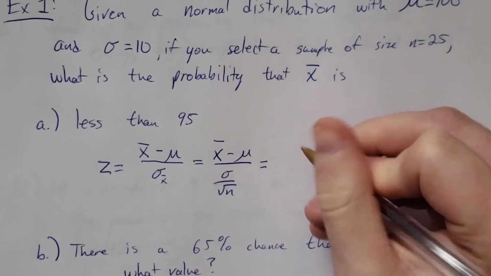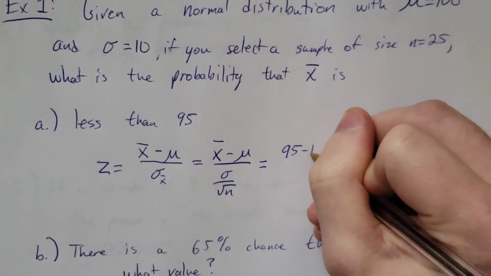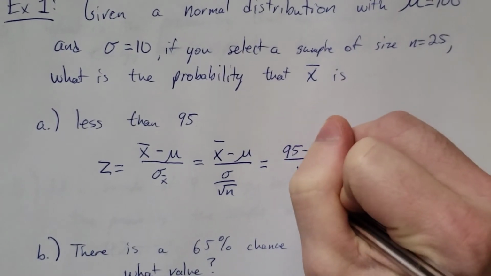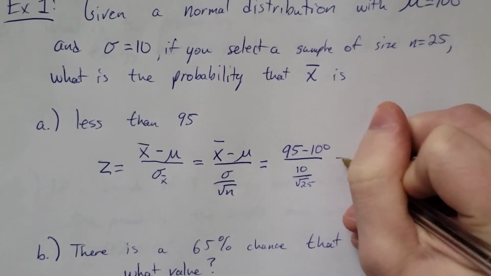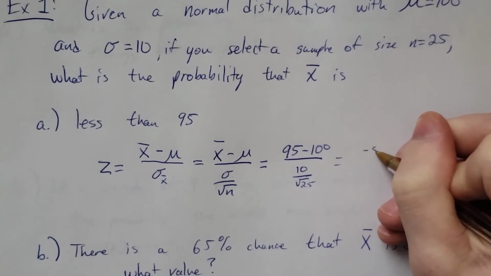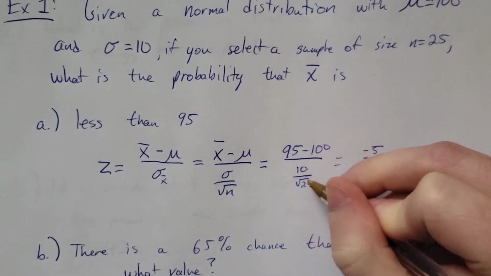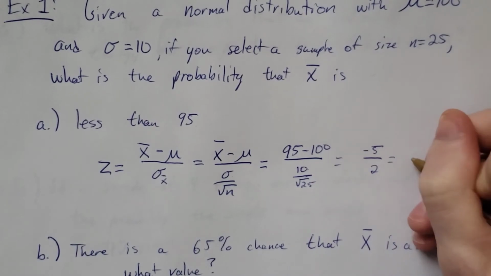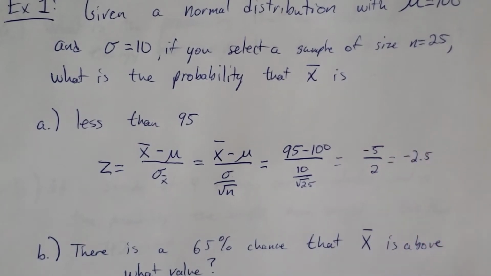Let's plug those values in. This is 95 minus 100 over 10 over root 25. This is negative 5 over 10 divided by 5 is 2. So this is negative 2.5.